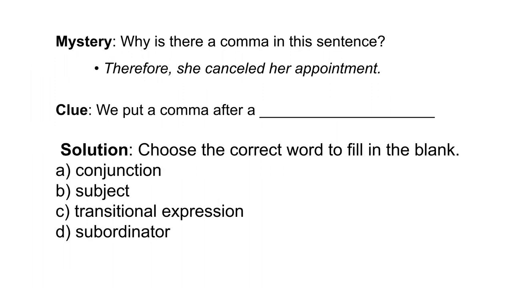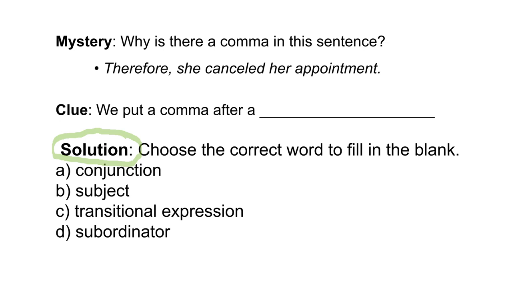Again, we don't expect them to formulate the rule yet. That would be asking too much. Instead, we present them with possible solutions to the mystery. So the possible solutions, looking at the clue, we put a comma after A, conjunction, B, subject, C, transitional expression, or D, coordinator.